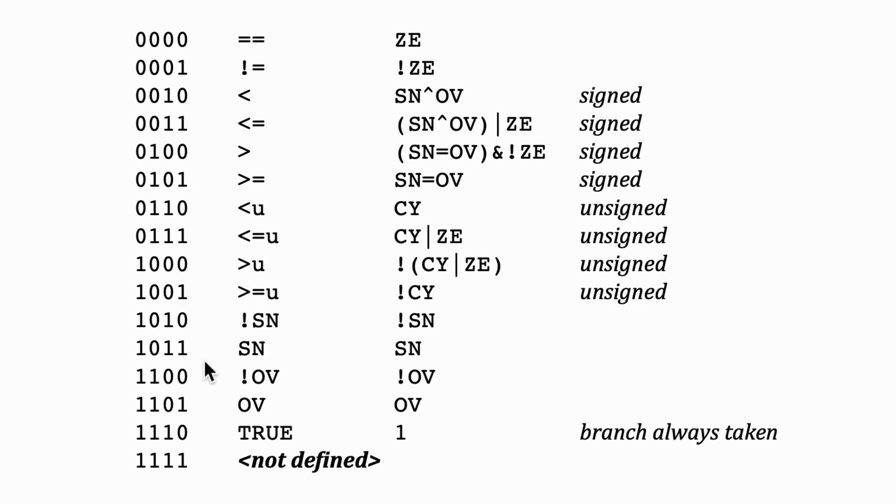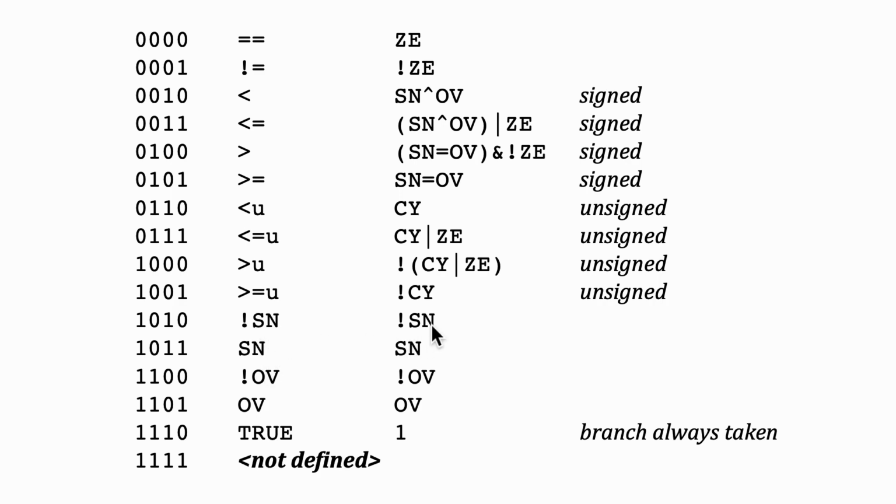What you see here in the middle column is exactly the way the condition would be specified in assembly code. These are slightly unusual lexical tokens, but that's exactly how you would write this particular condition test. So 8-bit values can be either considered to be signed or unsigned values. So we have 2 sets of comparisons for signed and unsigned values. And we can also test the condition flags directly.